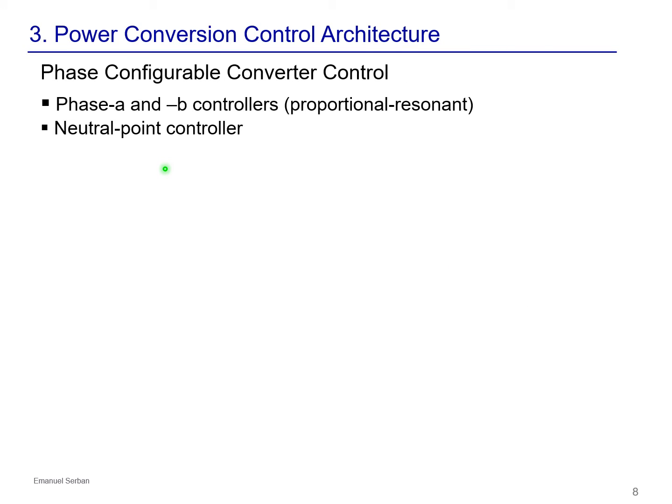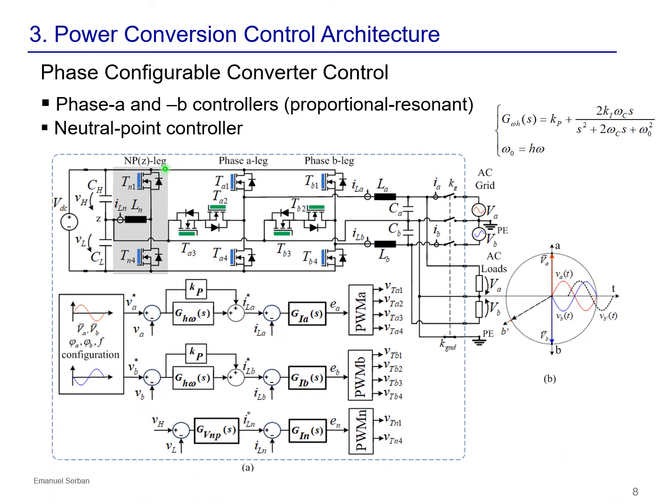The phase configurable converter control strategy is shown in the figure below. For phase A and phase B, the converter control is using proportional resonant regulators. The two independent inverter phases are controlled from the sinusoidal voltage references VA and VB.